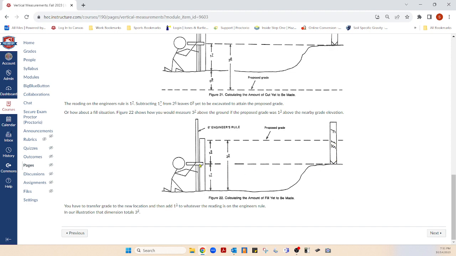So this right here is not grade. This right here is not grade. This is grade, which is 1.5 or 1 5/10 feet above the crow's foot. Needs this much more dirt. So what is he going to put on this stake?